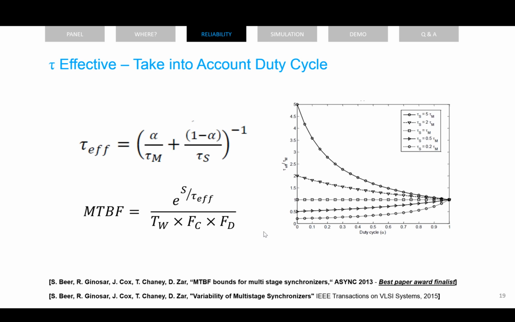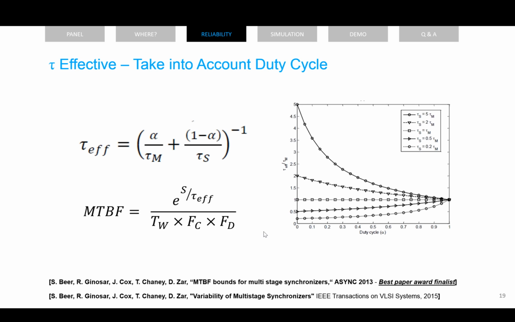So in the formula for the mean time between failures, we have talked about the resolution time constant, but the actual thing is that this tau is a composition of the master and the slave resolution time constants, as you can see in the formula on the upper part. And the combination between the two is a harmonic combination, with alpha being the duty cycle of the clock used. So duty cycle has importance.